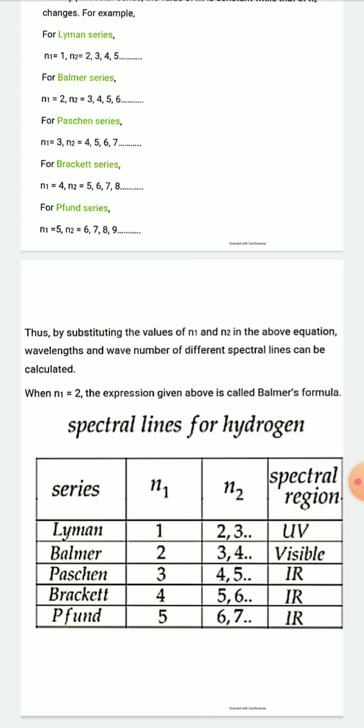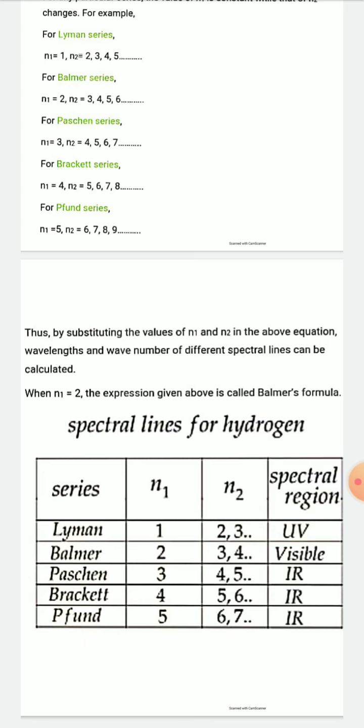And the Lyman series is found in the ultraviolet region of light. The Balmer series is found in the visible region of light. In case of the Balmer series, N1 is equal to 2, N2 is equal to 3, 4, 5, 6 up to infinity. In case of the Paschen series, N1 is equal to 3 and N2 is equal to 4, 5, 6, 7, 8. And the Paschen series is found in the infrared region of light.